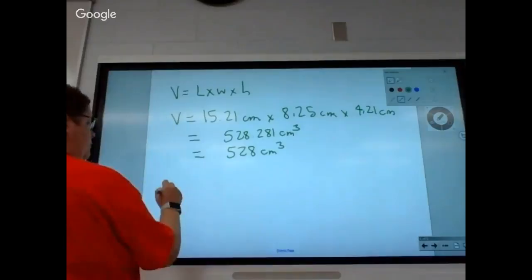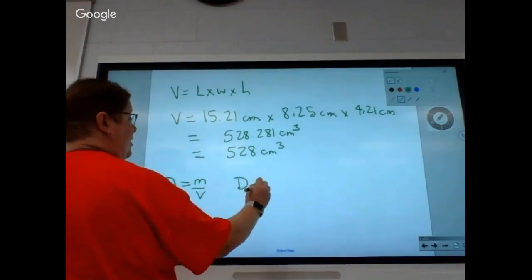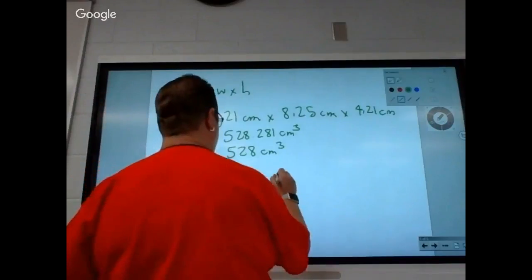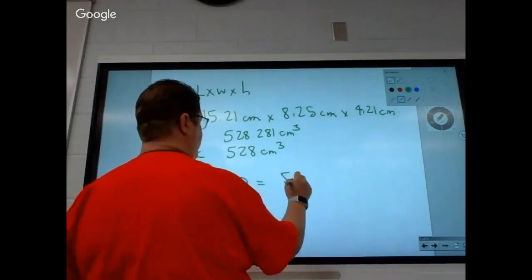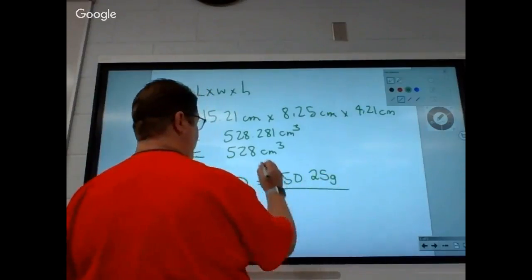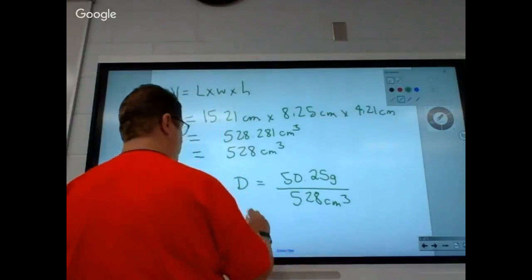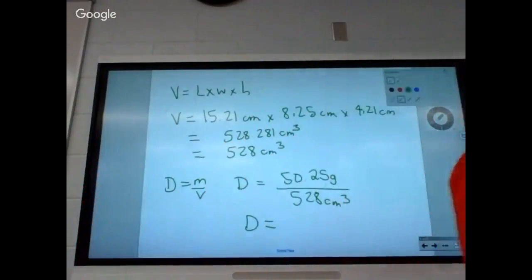Now for density, you're going to do the same thing. You're going to show me density equals, I'm making up a mass. I have no idea what the mass will be. Let's just say 25 grams divided by my volume of 528 centimeters cubed. Density equals, let's say 50.25 divided by 528.